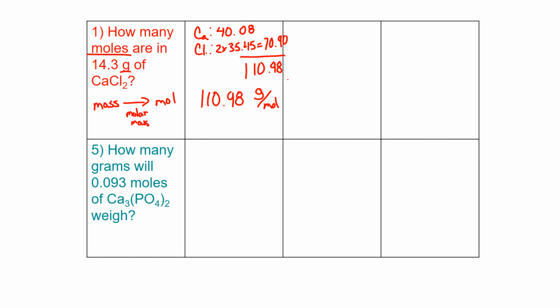All right, now I have my 14.3 grams of this. How do I use that molar mass here to get to moles? For every 1 mole of this, I have 110.98 grams, and that allows me to get rid of grams. So go ahead, take a minute.